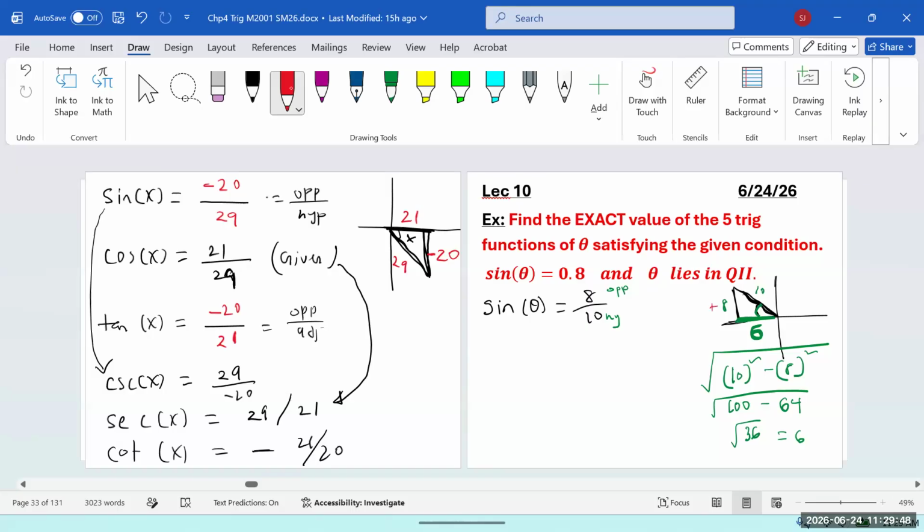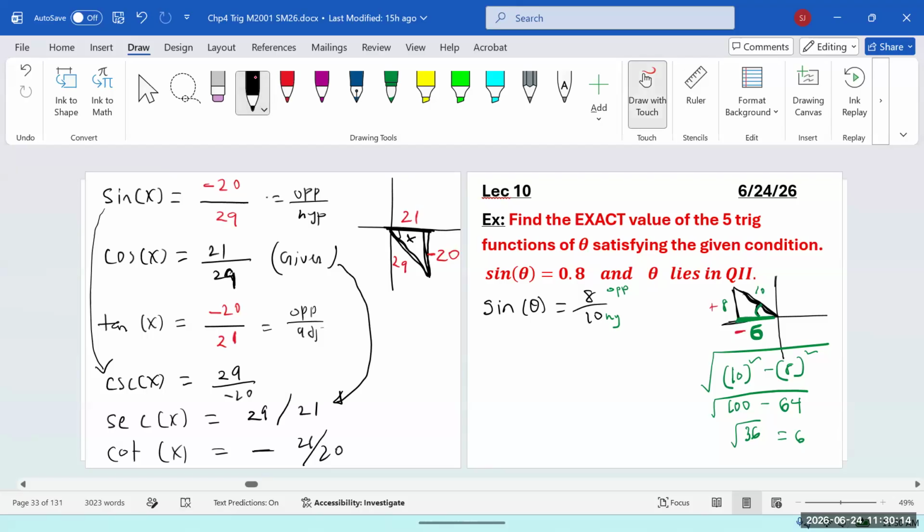X value. So what sign must 6 have? Negative. So always first find the missing side of a triangle and then decide the sign. What sign do you have for the two sides, for the x value and for the y value?